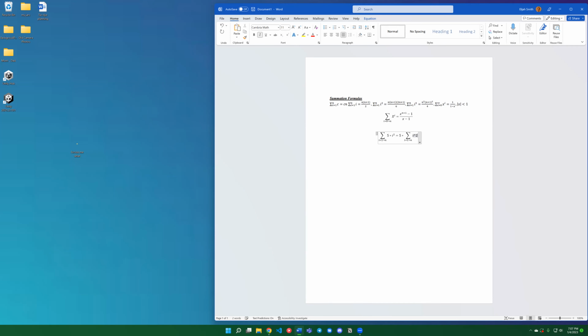And this is just i squared inside. And so now this summation matches our formula up here where we go from 1 to n, i squared, and it becomes this closed form solution.